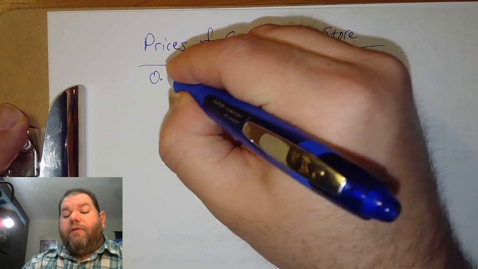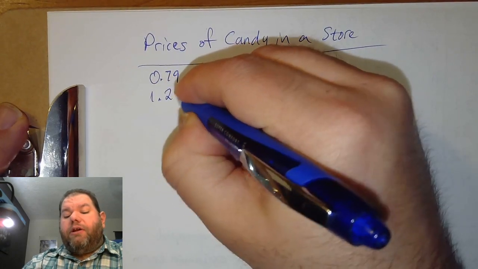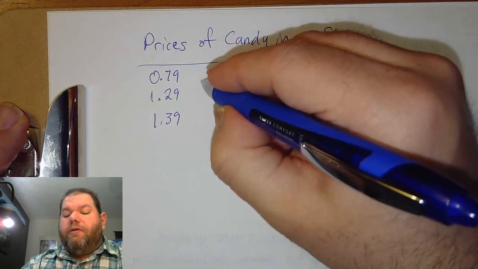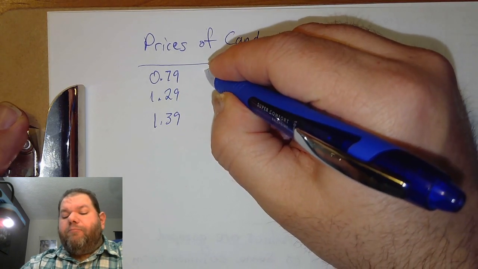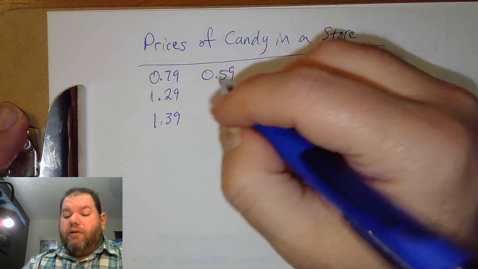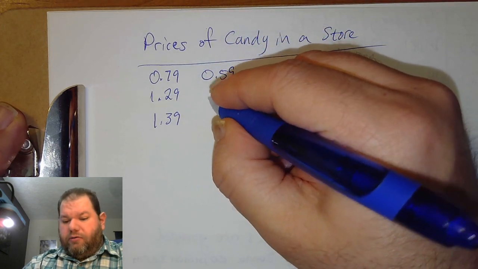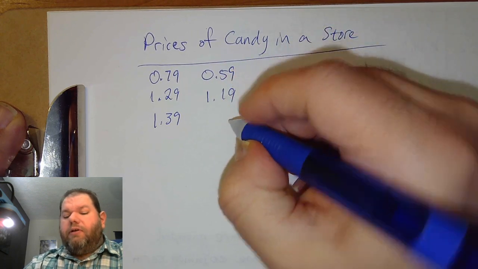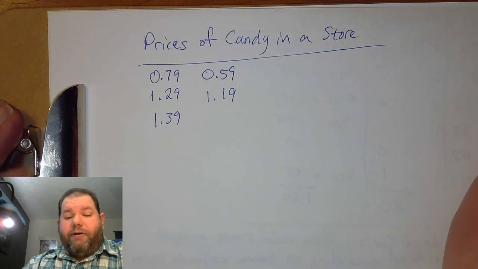We might have one that's 79 cents, $1.29, $1.39, 59 cents, $1.19, because everything ends at 9 apparently.